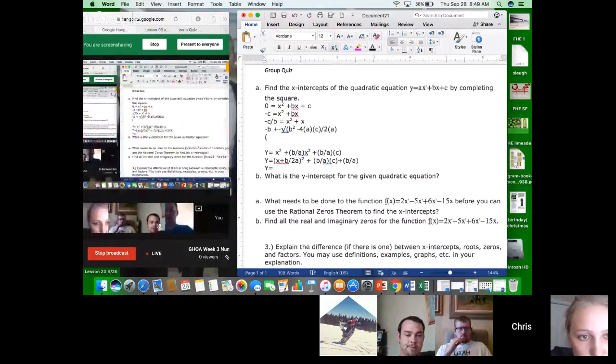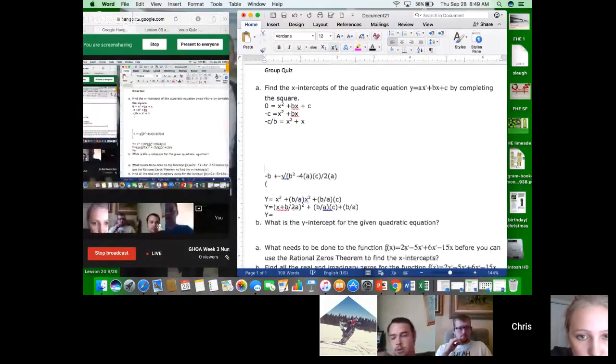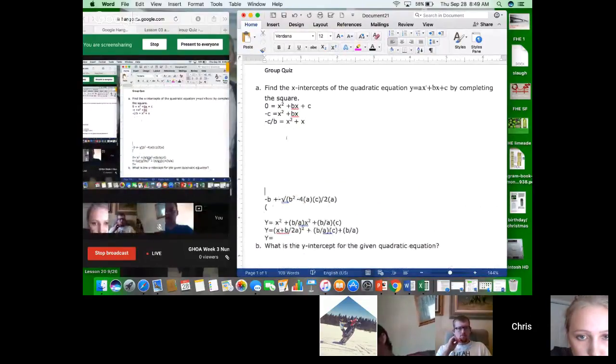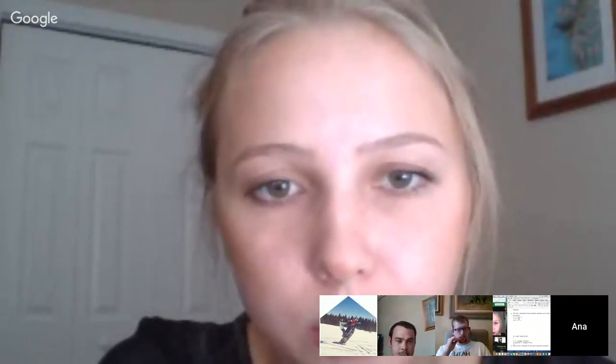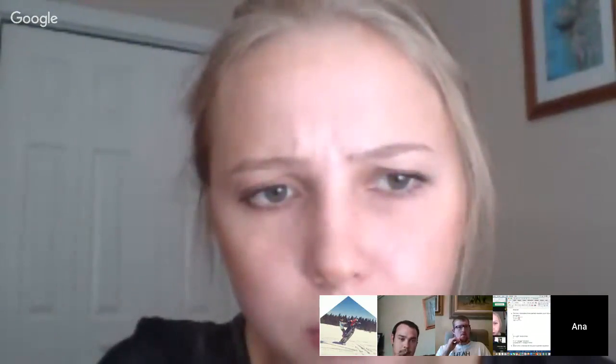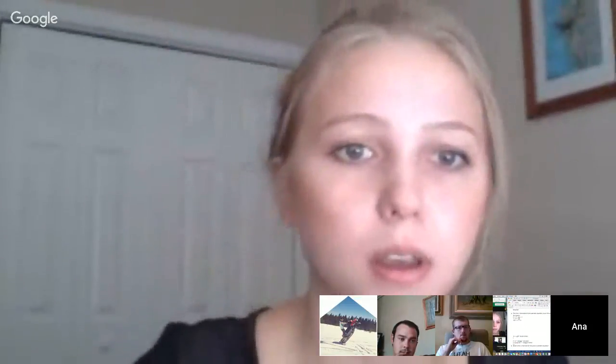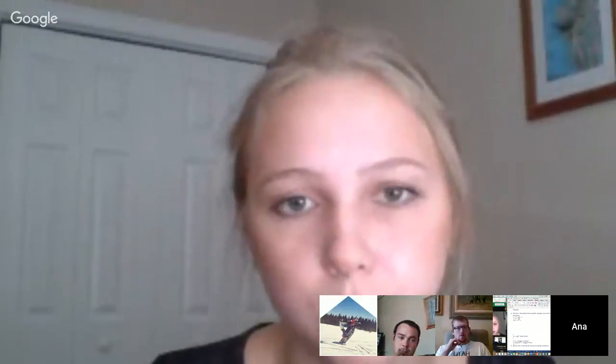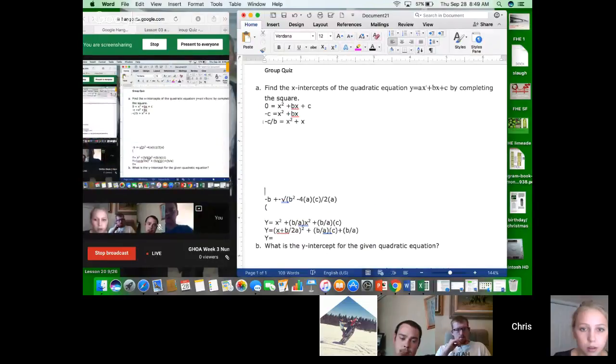So then what would you do from there? Well, when you're dividing by b, you need to divide both sides. And remember how in the last example we tried to complete the square? It's basically the same.